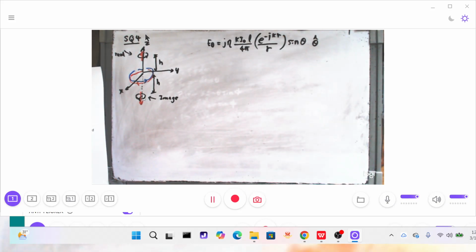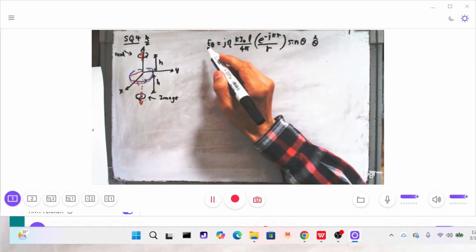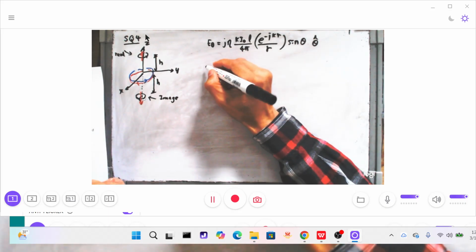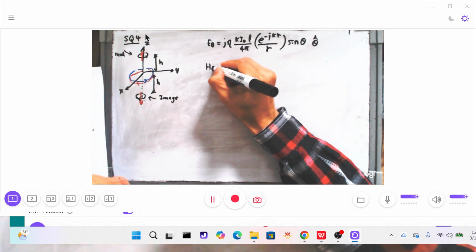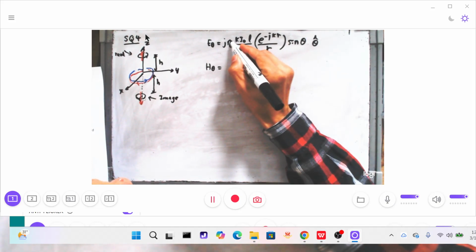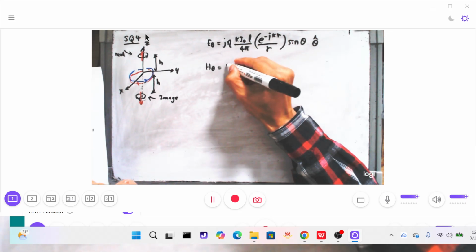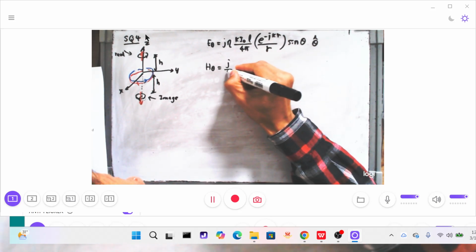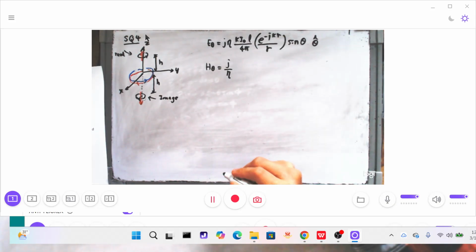What you need now is to use the duality theorem to convert this electric field into magnetic field. So you replace E with H, and for every theta, you make an inverse.